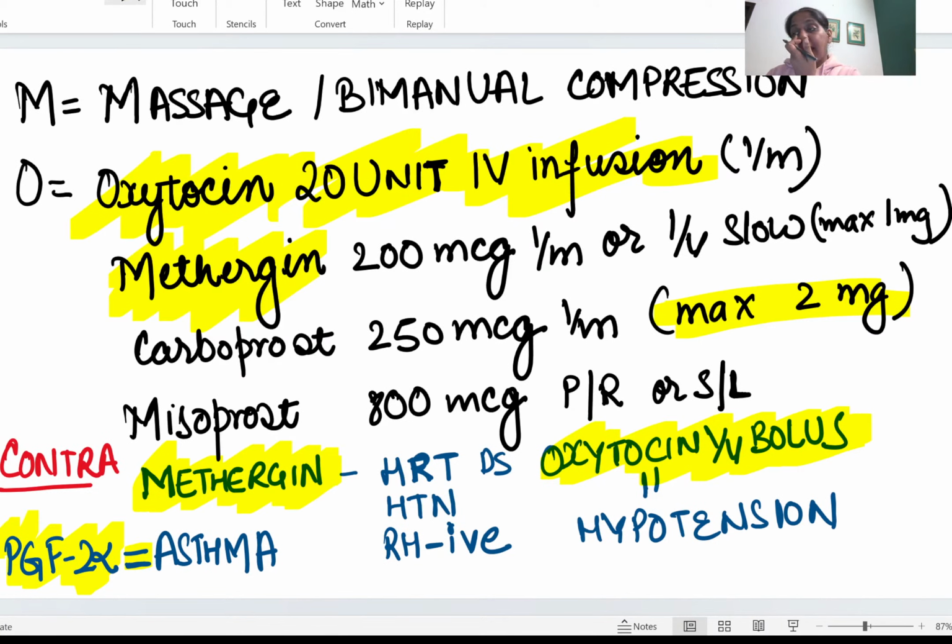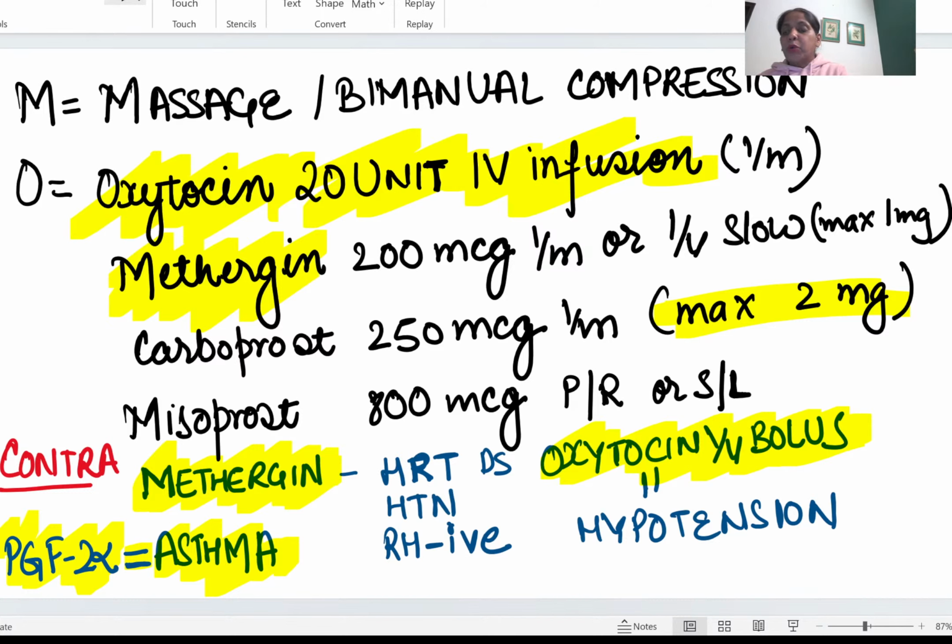Carboprost, prostaglandin F2 alpha, is contraindicated in asthma patients, and if given IV, it leads to severe bronchospasm, and sometimes it can lead to death also.